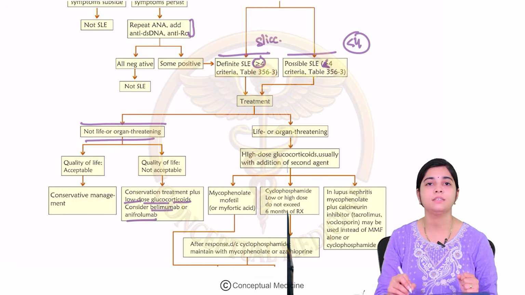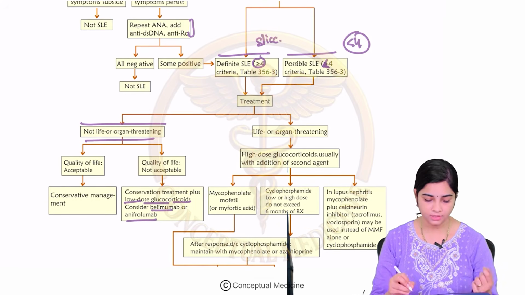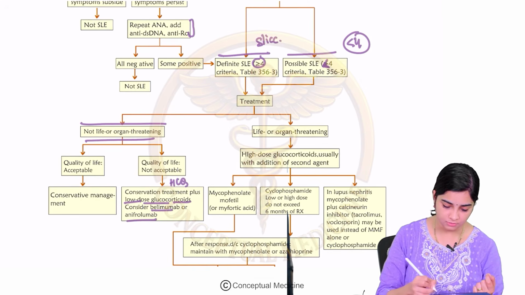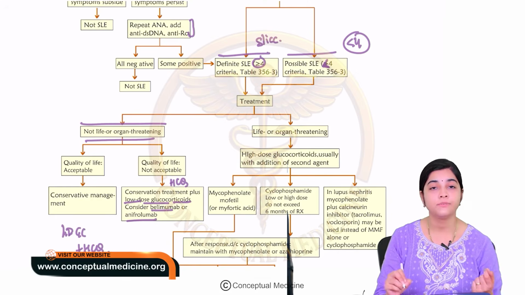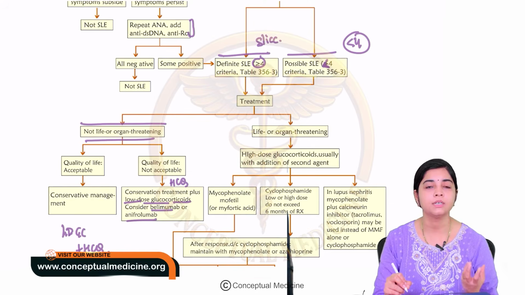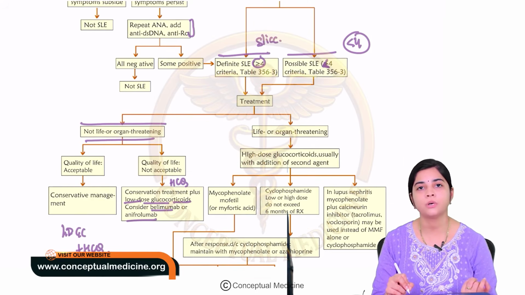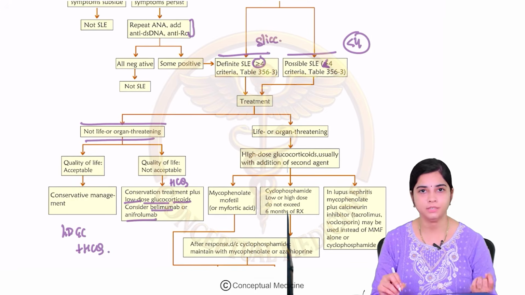These are basically certain newer immunomodulatory agents. So low dose glucocorticoids as well as HCQ is used in non-life-threatening organ involvement. For example, you have only a skin involvement or you have only a joint involvement, then you give them low dose glucocorticoids with HCQ and you monitor them.